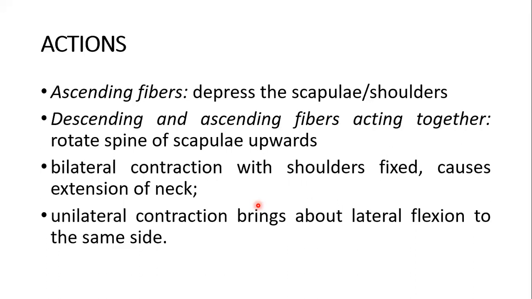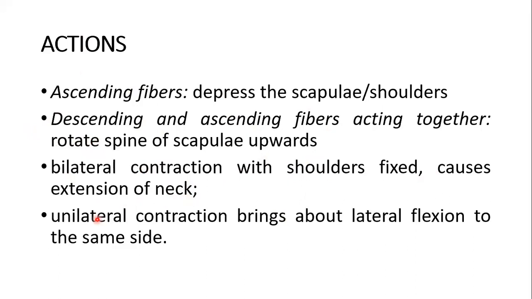This is particularly the rotation of the scapula, which is known as the wing nut rotation. So its fibers are involved in that wing nut rotation, along with the trapezius and other muscles as well, the serratus anterior.